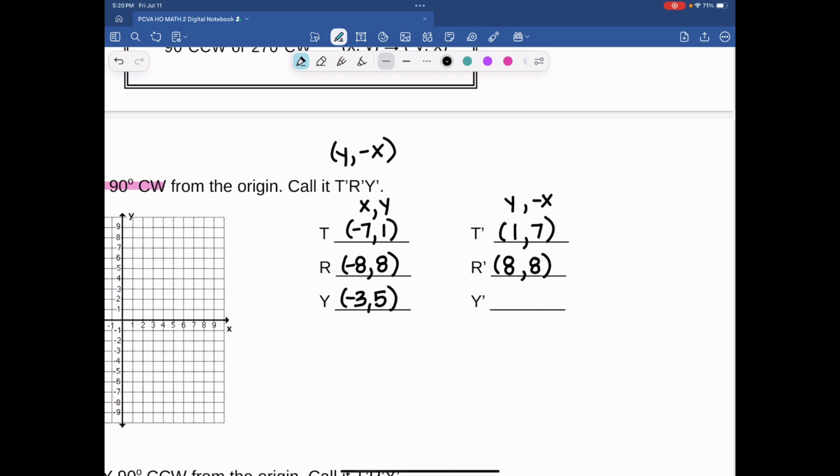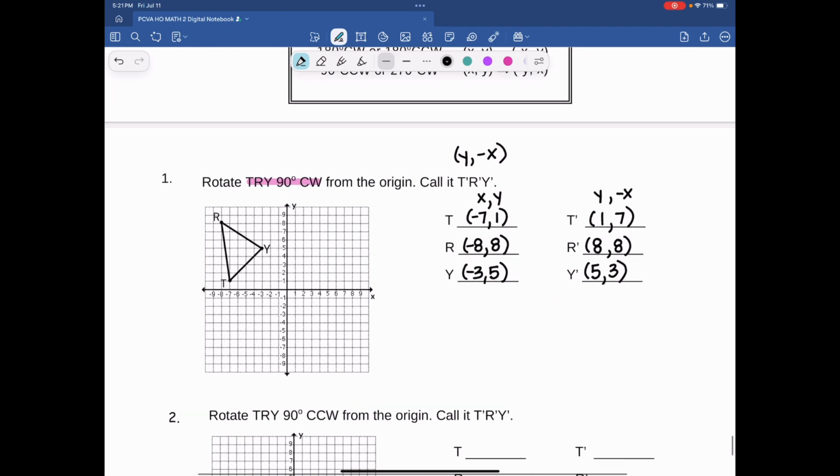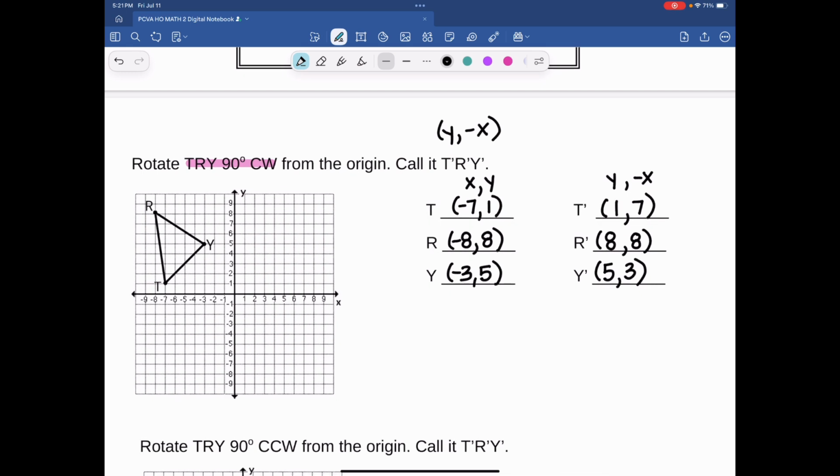So y, negative x. Then we have -3 and 5, so the y is going to stay 5, but we're going to put it in the x spot. And then that -3 is going to become +3. So if we plot this, I'm going to go to 1 and 7.